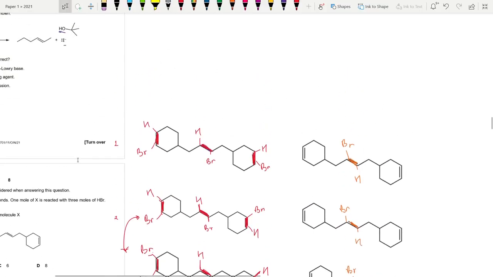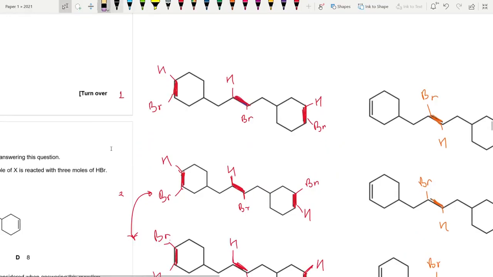Oh, by the way, one more thing. This first compound could also be like this. We could have the bromines here instead. Okay, like this. Because if you look at it from this aspect, think about it.